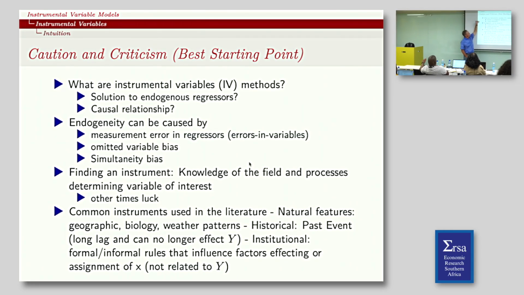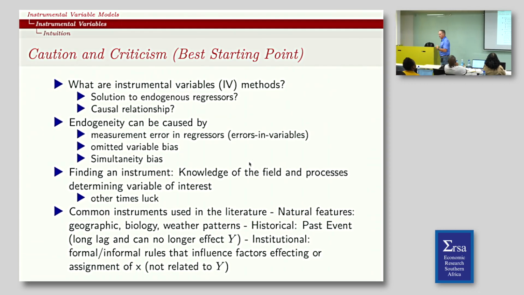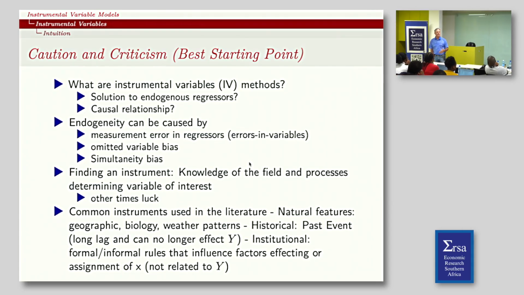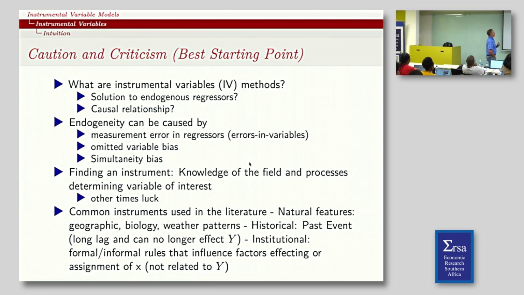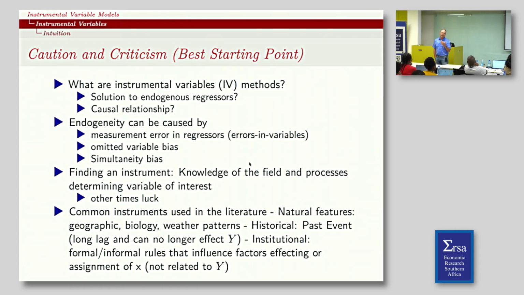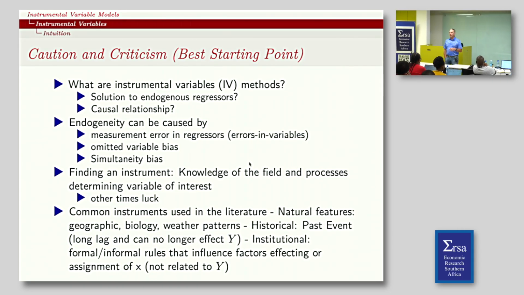So IV has been developed specifically as a solution to deal with endogenous regressors, right? That's kind of how it's always presented in the textbook. But it also helps us understand causal relationships, because if we're interested in a causal relationship, we think that there's endogeneity, and we have a good IV, we can actually estimate the non-endogenous part of the causal chain.